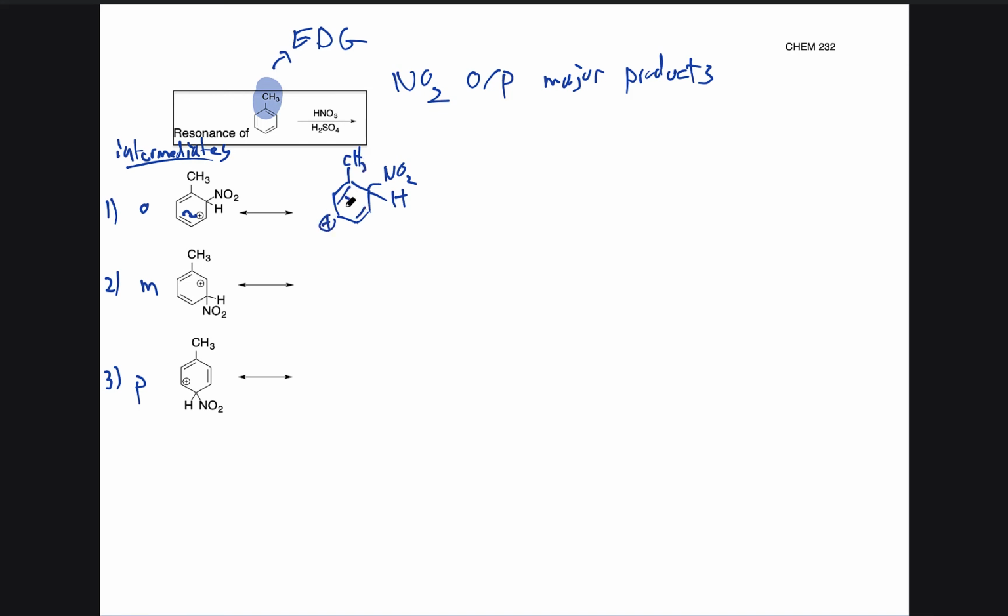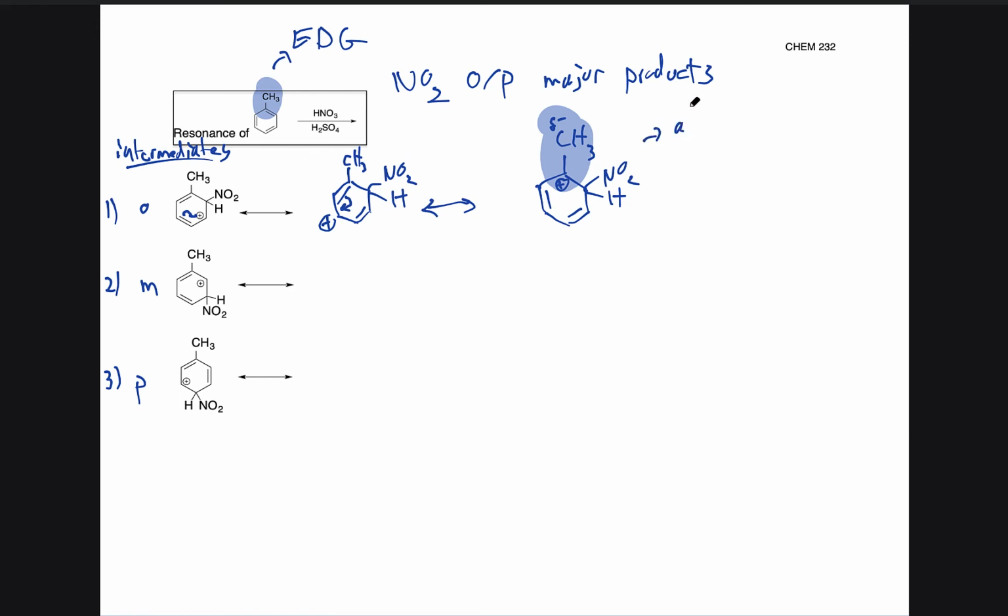And we can kind of keep going, right? And so when we get to this resonance structure here, yes, resonance structures are great for pushing around positive charges, but what we can see now is the positive charge ended up on the carbon where we have our electron donating group. That carbon is slightly partially negative, and that is next to our positive charge. Do we see that?